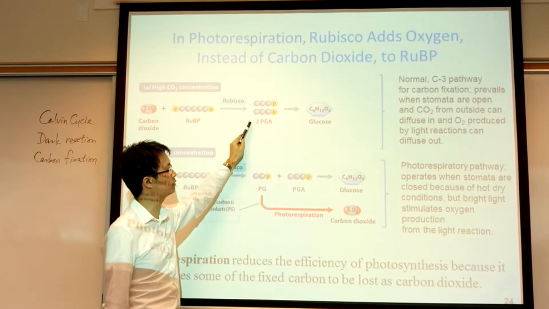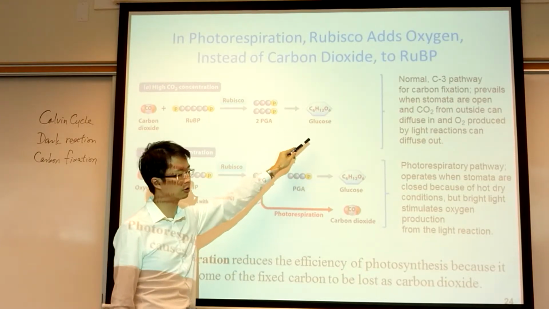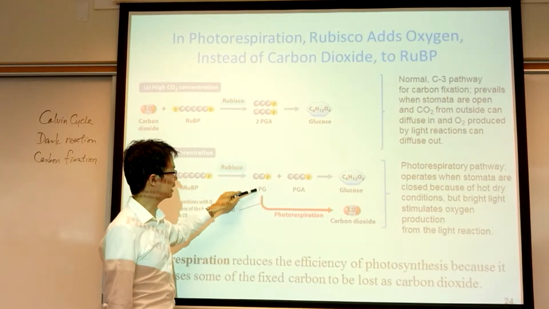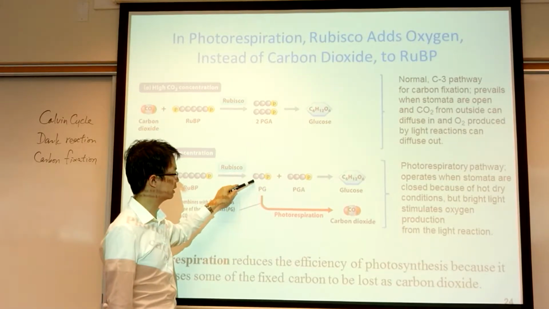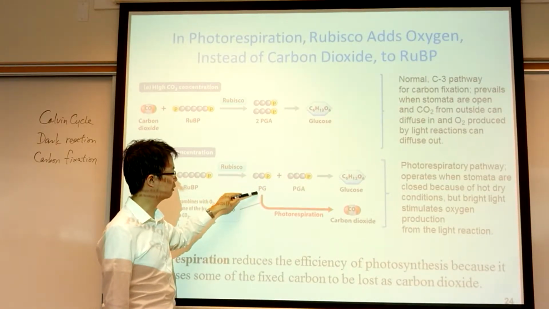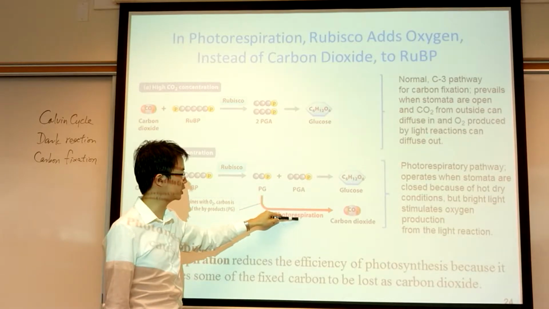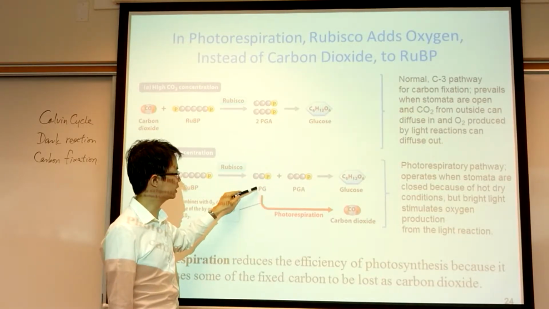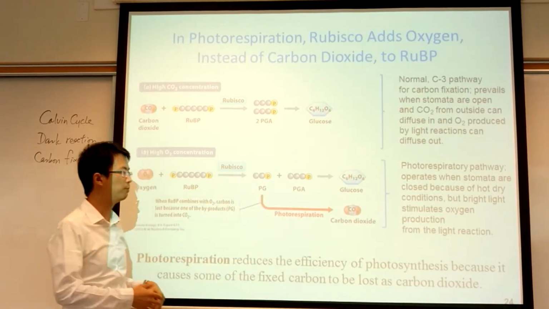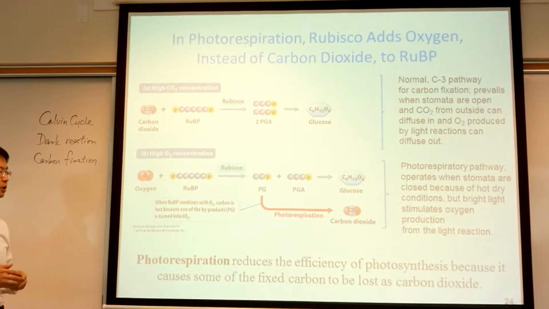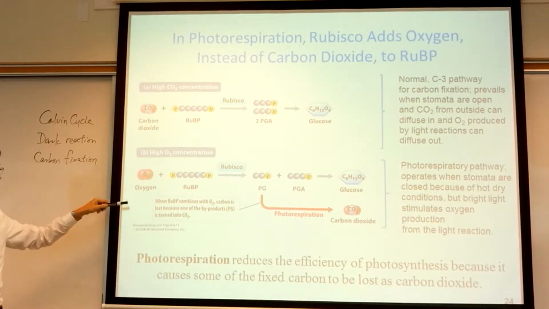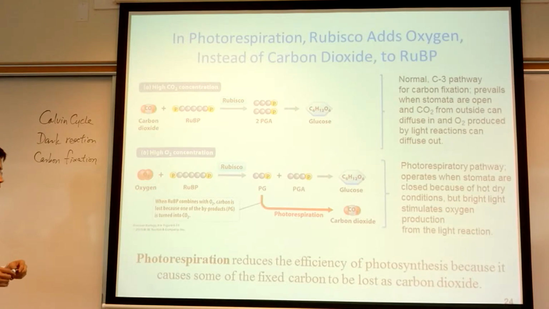Remember here we have 2 PGA, then you can make more glucose. But what about the other molecule here? The molecule PG will go through photorespiration. The plant will convert PG into carbon dioxide, hopefully to compensate for the decreased level of carbon dioxide in the leaf.